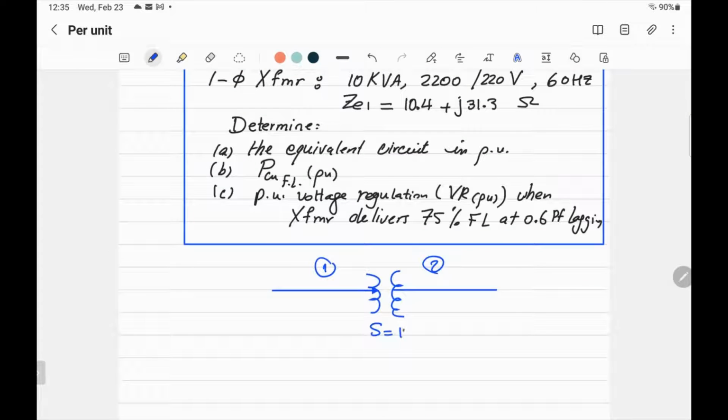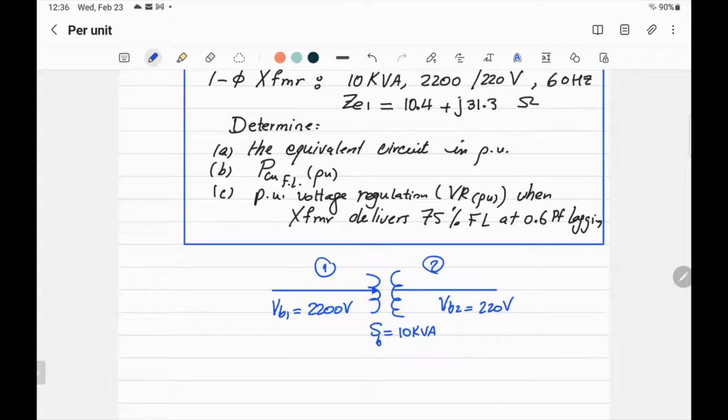That's equal to 10 kVA, which is equal to 10,000. And for side one, you have the voltage base 1 equal to 2200 volts, and base 2 equal to 220 volts. That's the first thing you do. And S base is the same for everything.